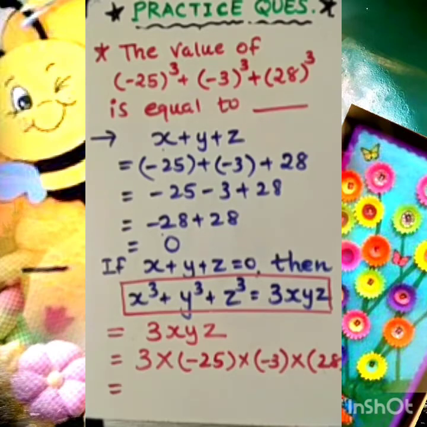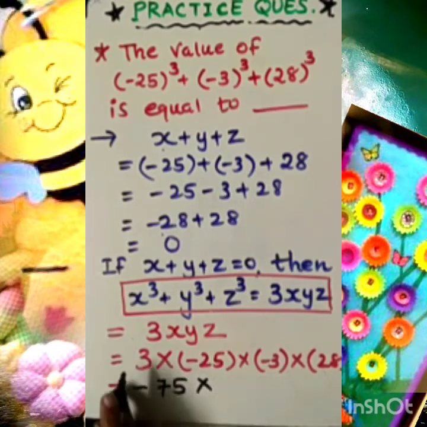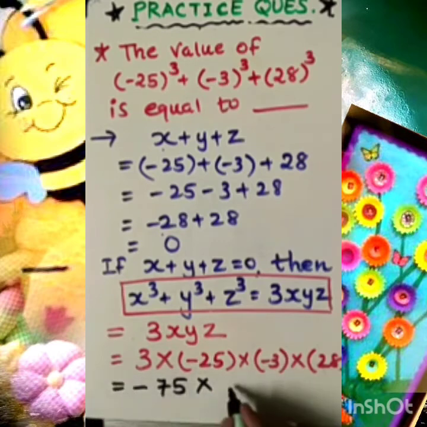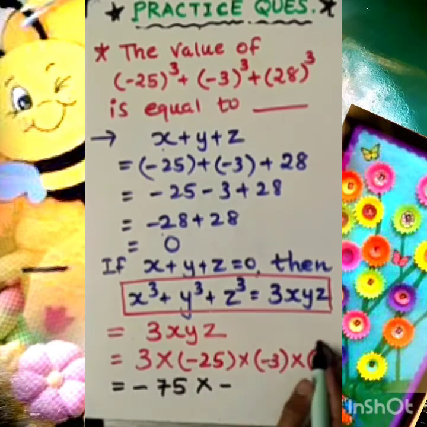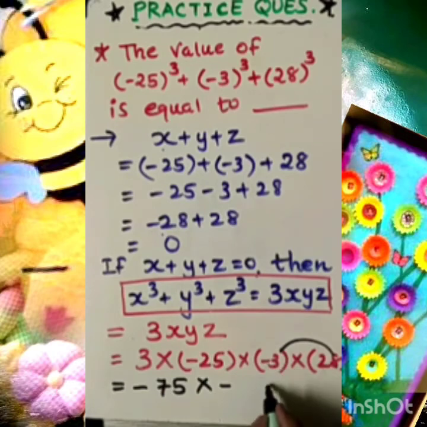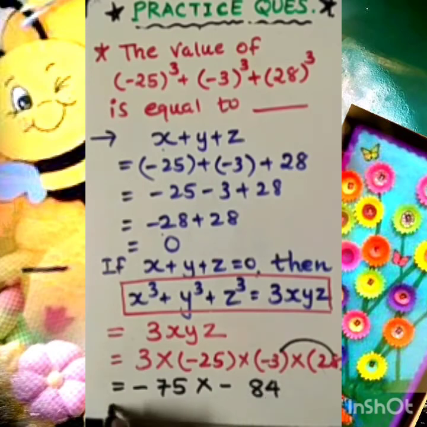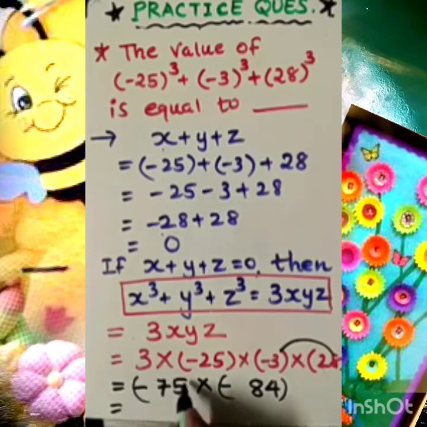It will be easy for us to multiply all these numbers nicely. So let's multiply in the rough column. 25 into 3 gives the result minus 75. And here it is also minus 28 into 3. 8 threes are 24, 2 carry over. 3 twos are 6 plus 2 is 8. Now how to multiply this, because minus minus will be plus.